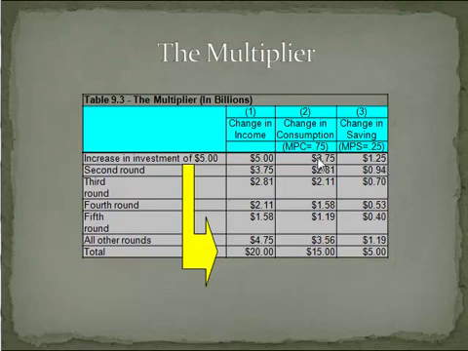Well, your spending becomes somebody else's income, and so that person receives your spending, and now they can consume it or spend it, and so this person at a marginal propensity to consume of 75% is going to put away 94 cents and spend $2.81.